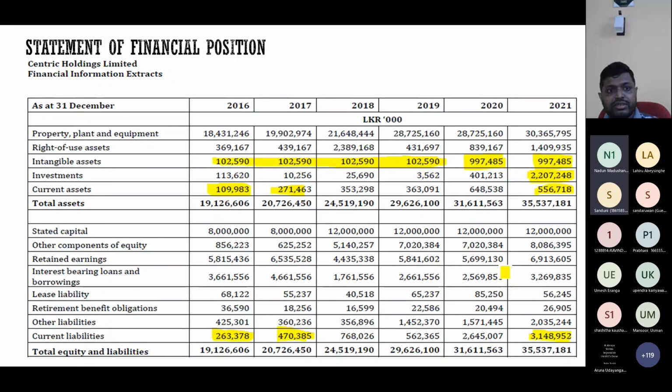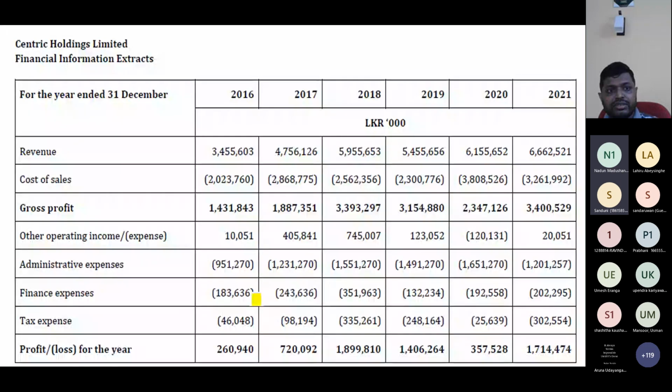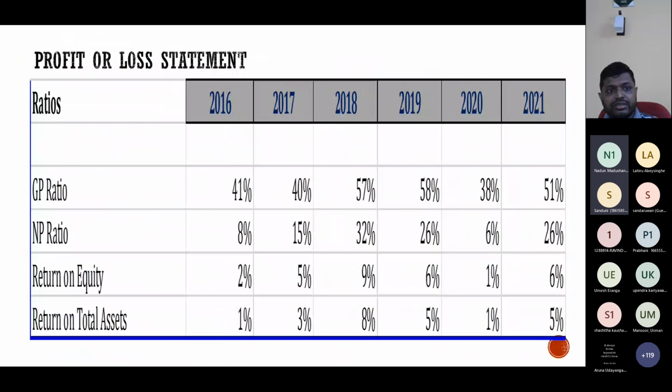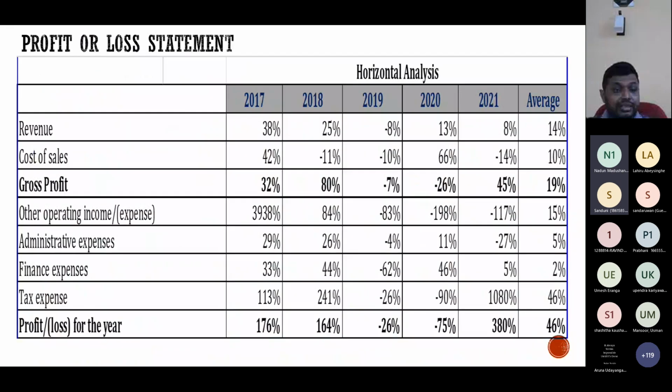Now, as one student has raised the concern, you have the profit 267.20, 1.8 billion. When the profit is there, your retained earnings should go up to 5.815 billion. Okay, then for 2017 profitability, what is this 2017 profitability? 720 million.